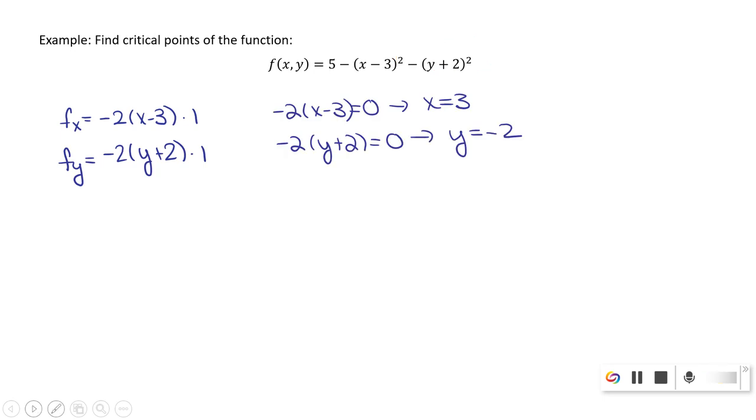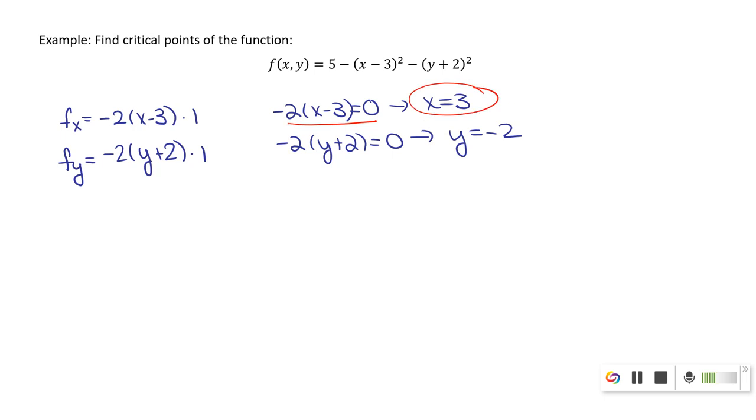And then critical points would be places where both of these derivatives equal 0, or either one of them is undefined. And let's see, I don't have to worry about the derivatives not existing or being undefined because I don't have any denominators here. So I am just going to set both of them equal to 0 and try to solve. And so my f sub x, if I set that equal to 0, it's already factored.